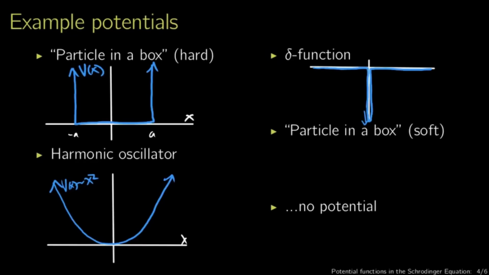The particle in a soft box potential is a little bit more physical. If I have my coordinate system here, the particle in a soft box potential looks something like this. To keep things simple, it still changes instantaneously at, say, minus a and a, but the potential energy is no longer infinity.